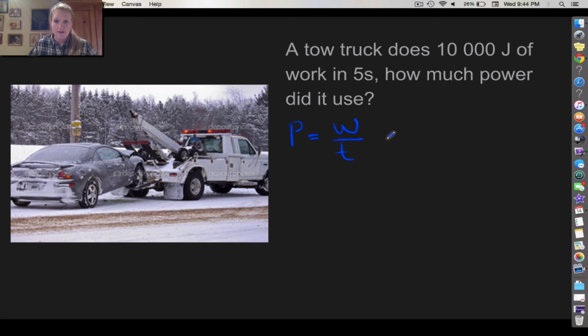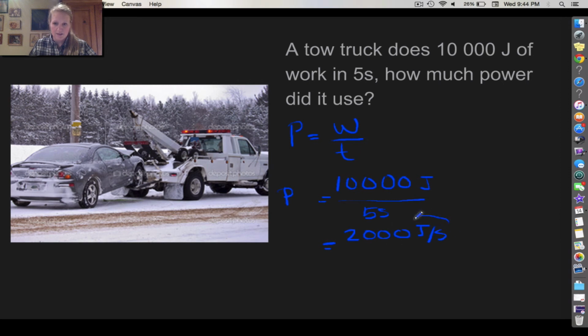And so we put in 10,000 joules divided by the 5 seconds. And if you notice, I'm putting in my units the whole time. Okay, when I do that math, I get 2,000 joules per second.